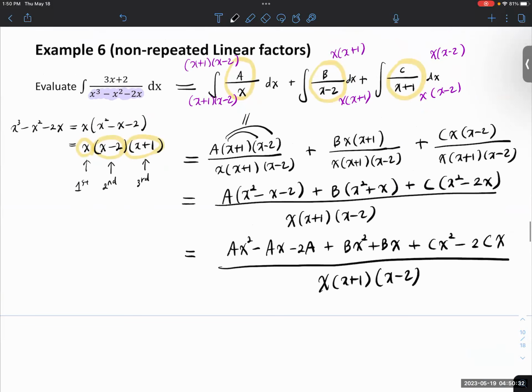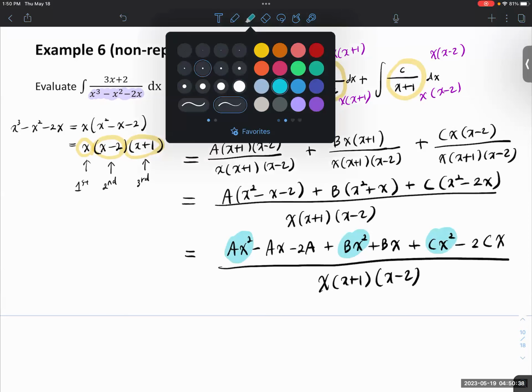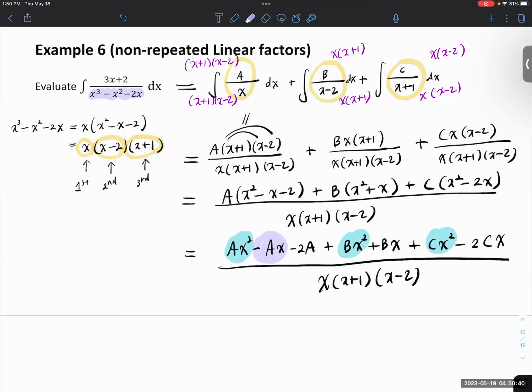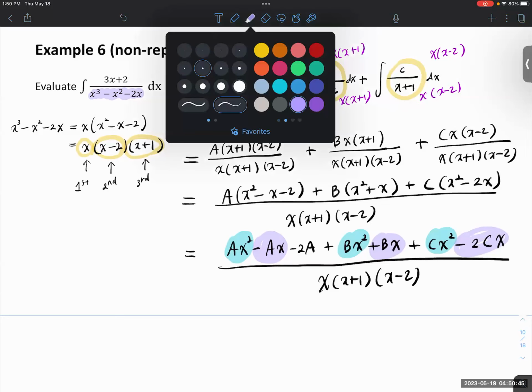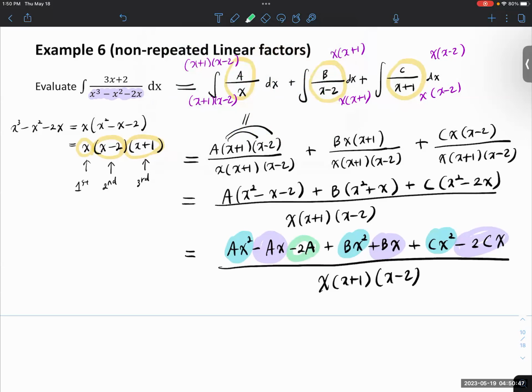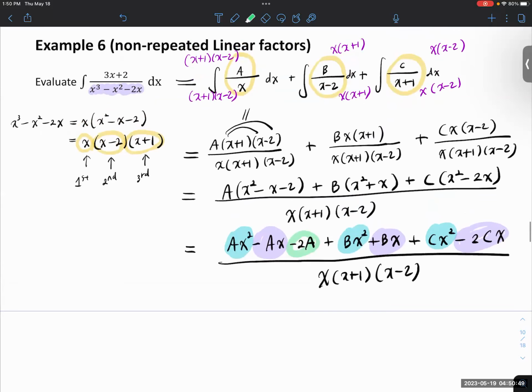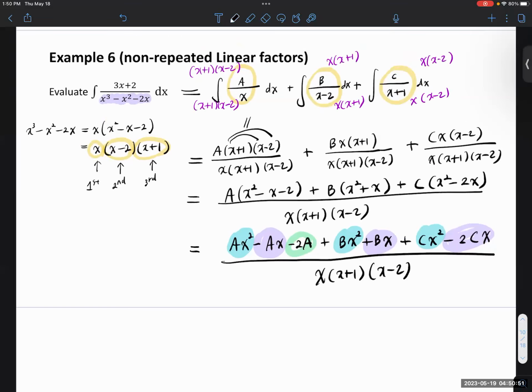Okay, so here, look at that. We have a common like term, x squared family, and I do have x family, right? And I have what? Number family. So what does it mean? I'm going to combine like terms.